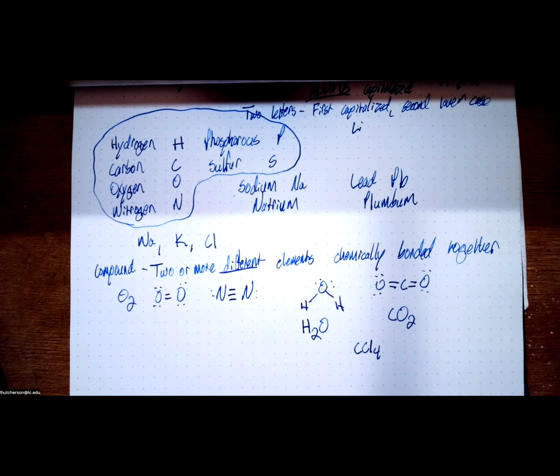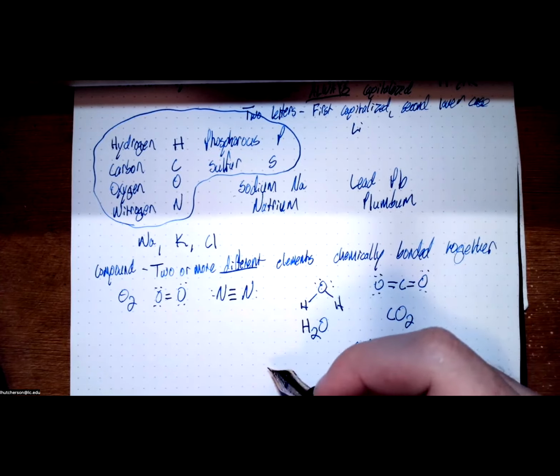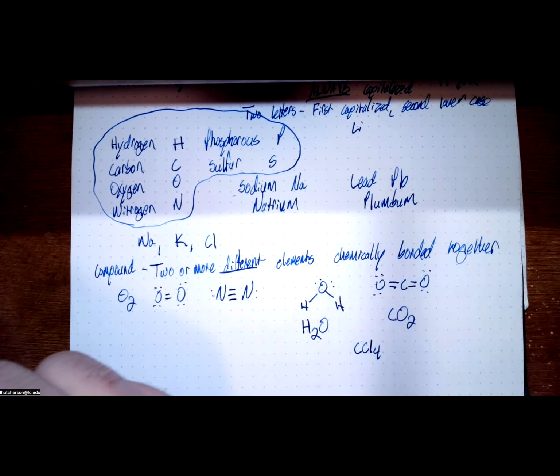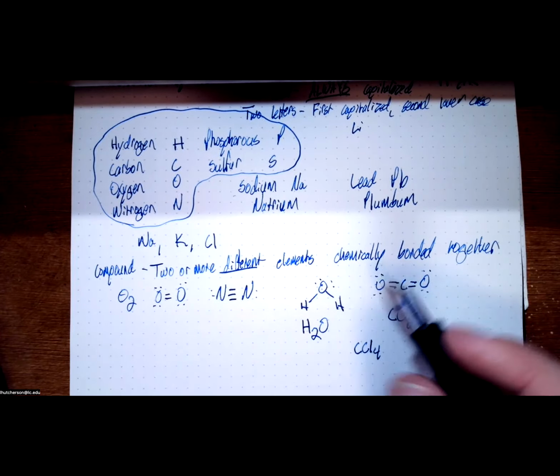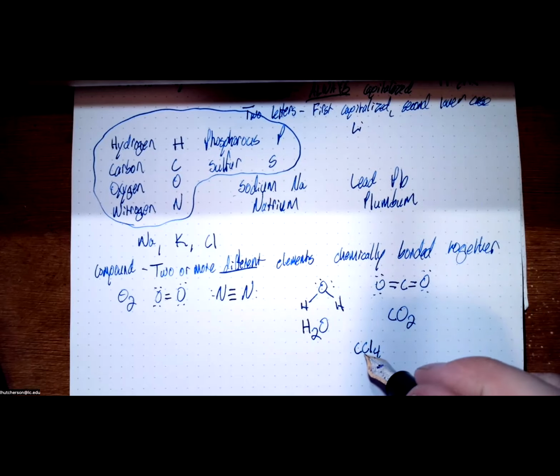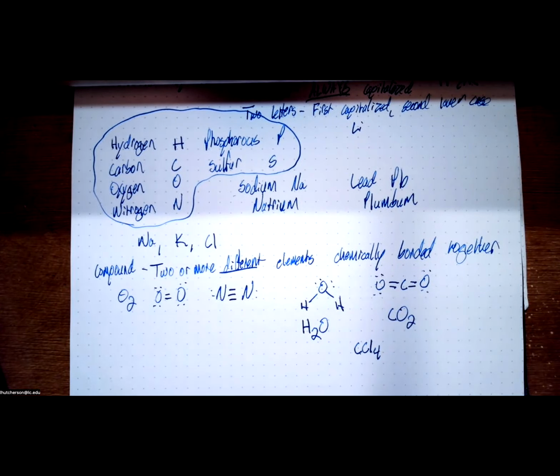But by that point, you will have seen enough to be able to break them down and make some sense of them. But anyway, that is a compound, right? We write this as a chemical formula, right? There again, we write the elements, we put subscripts to tell how many of each of those elements there are. Okay.